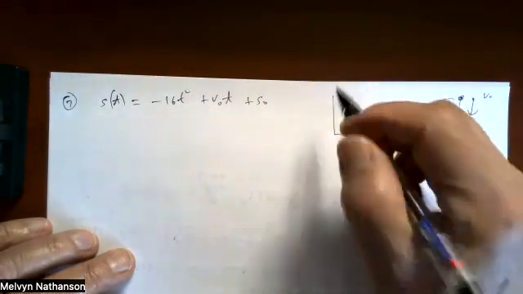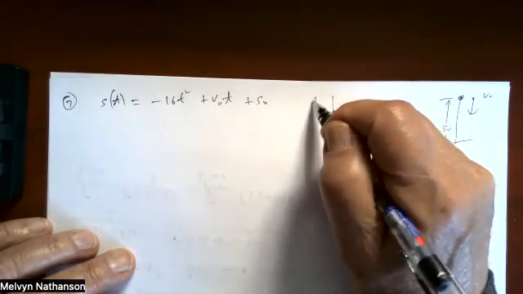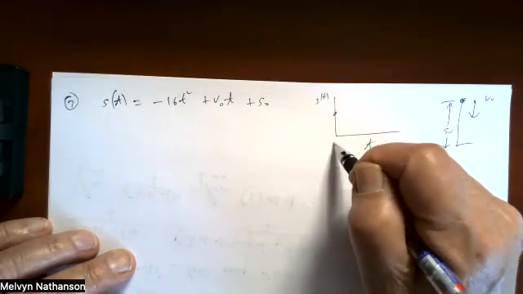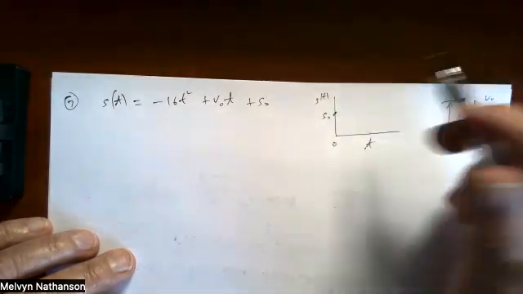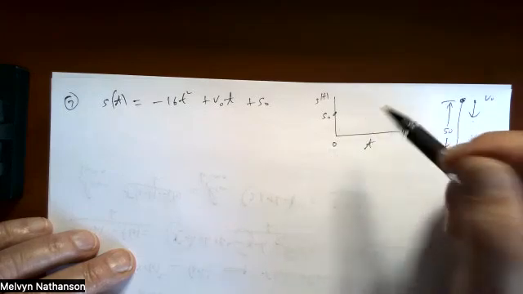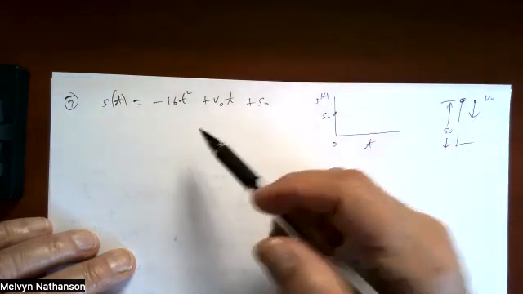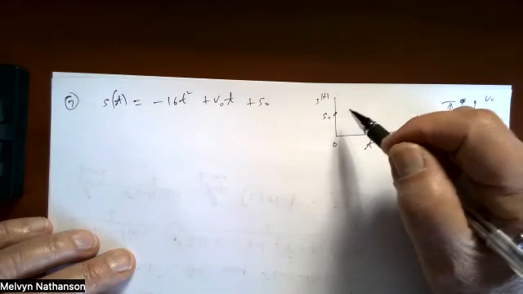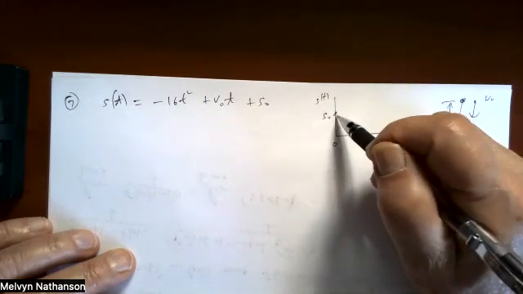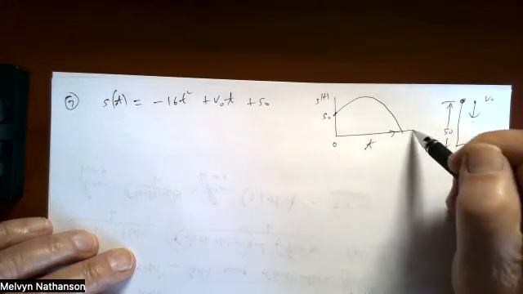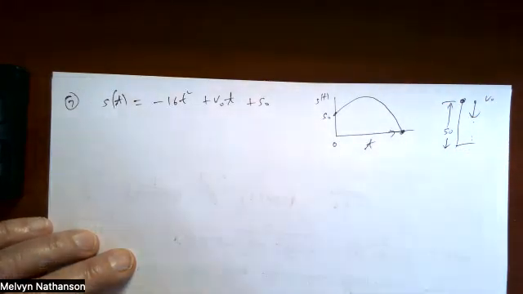So here's time, and here's the position s of t. And when time t equals 0, you're at height s naught. And you throw this object straight up or straight down, depending on whether the velocity is positive or negative. Let's say you throw it up. So as time increases, it goes up, then it comes down, and then it hits the ground at some point.